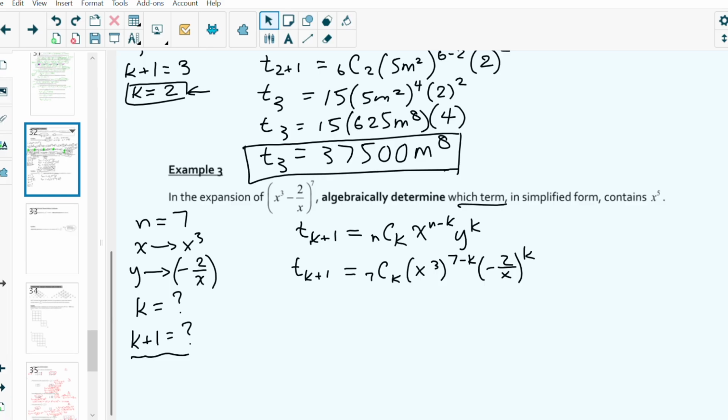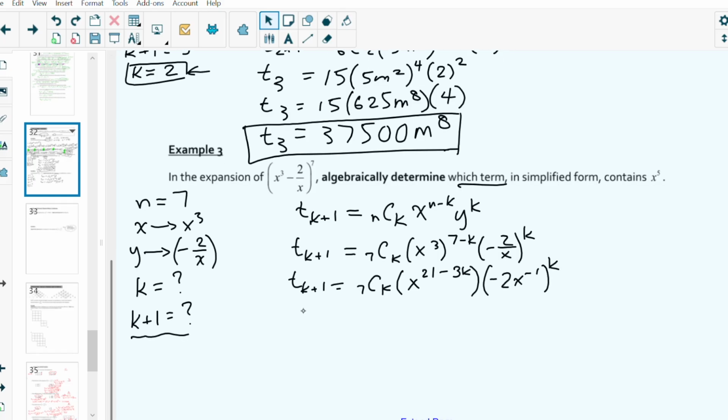Okay. Let's do a little bit of simplifying and rearranging. So 7ck, so that's x to the 21. Let me use the power rule here for exponents. And then let me do this, negative 2 x to the negative 1 to the k. Okay, let's simplify this a bit more.